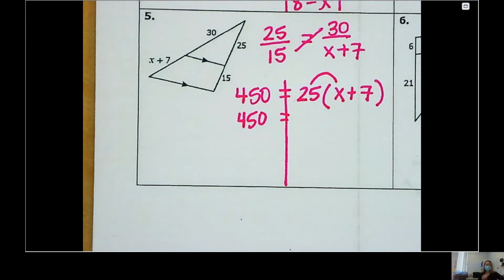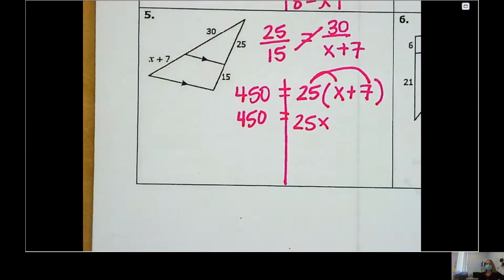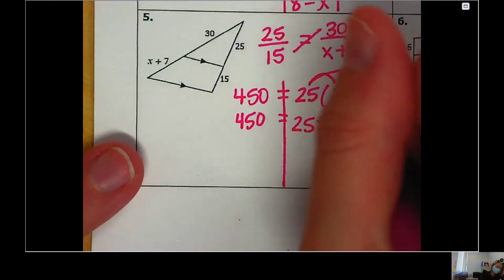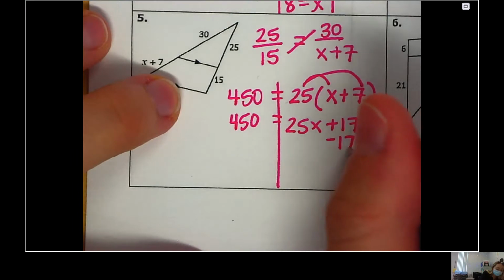What's 25 times x? What's 25 times 7? 175. Good. And now it's just algebra. So what should I move first? Yep, move that 175 over to the other one by subtracting.